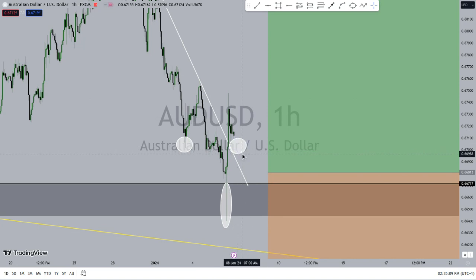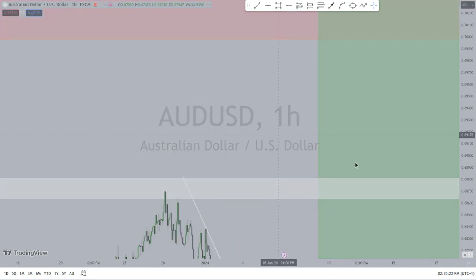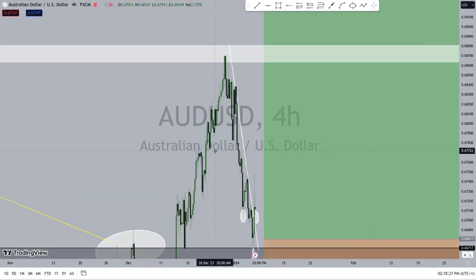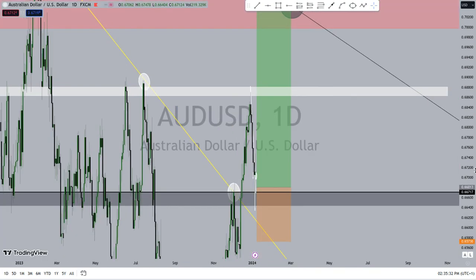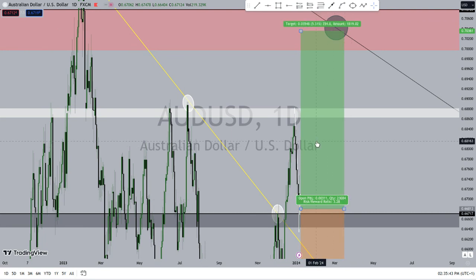So this is still telling us that the buyers are still in control of this market, and they're going to be rolling it up to, let's say, this level.